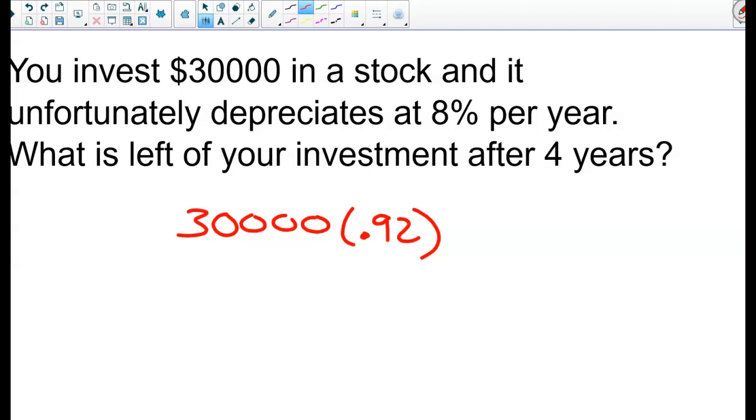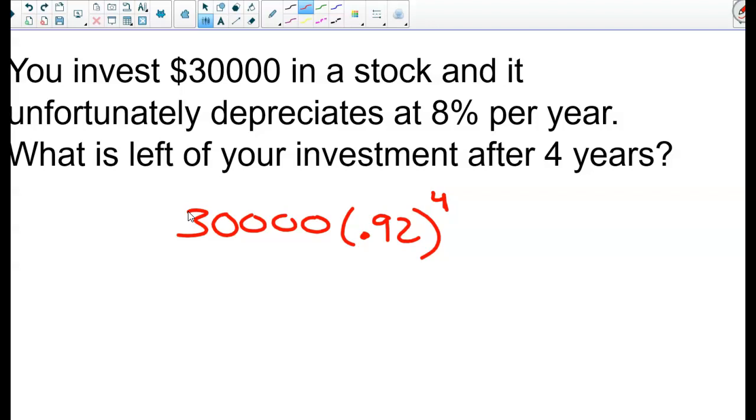You don't put 0.08 in here. When you depreciate, you subtract from 100, and that's your percentage. And you raise that percentage to the amount of years. When you put this in your calculator, it's 0.92 raised to the 4th power first. You do the exponent first. And whatever that number is, you multiply it by 30,000, and I'll have you round to the nearest dollar.